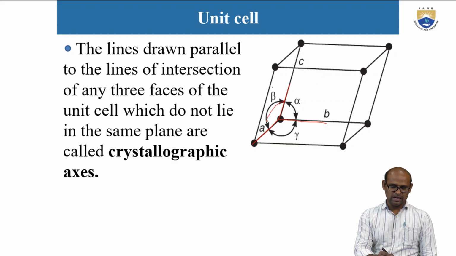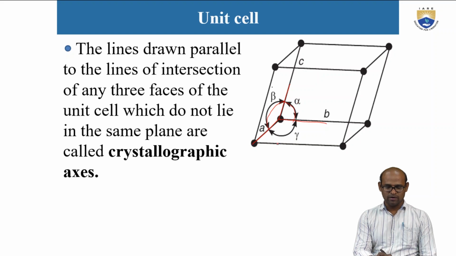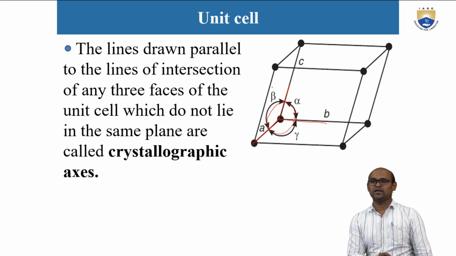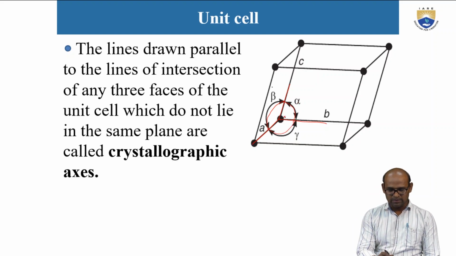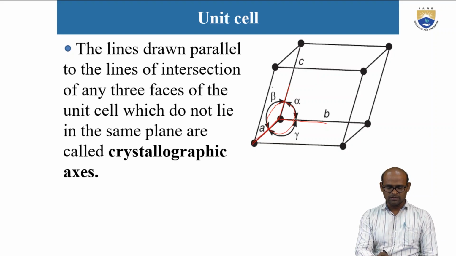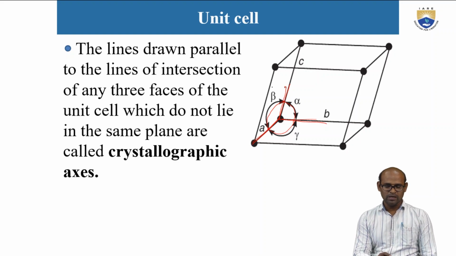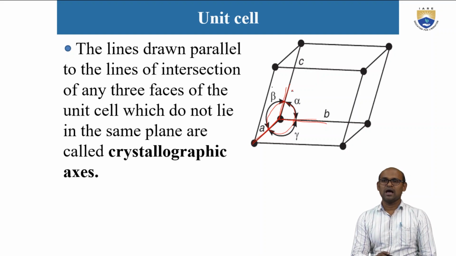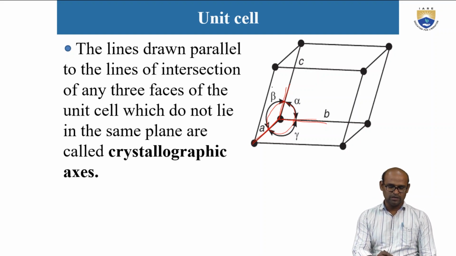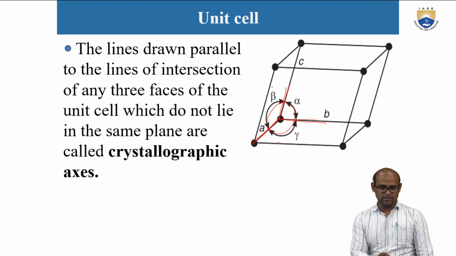Between these two axes I have defined an angle beta, between these two axes angle alpha, and between these two axes angle gamma. This is the A axis, this is B, and this is C. Between B and C I have an angle alpha, between A and C I have an angle beta, between A and B I have an angle gamma.